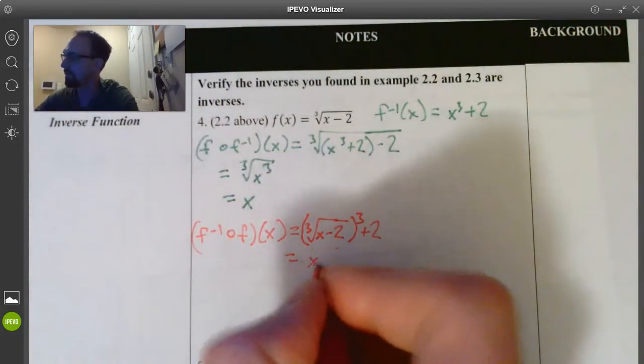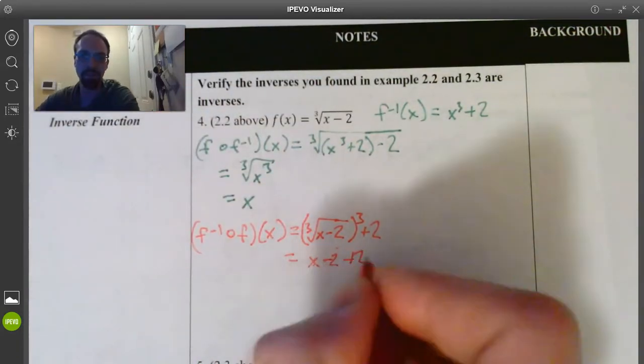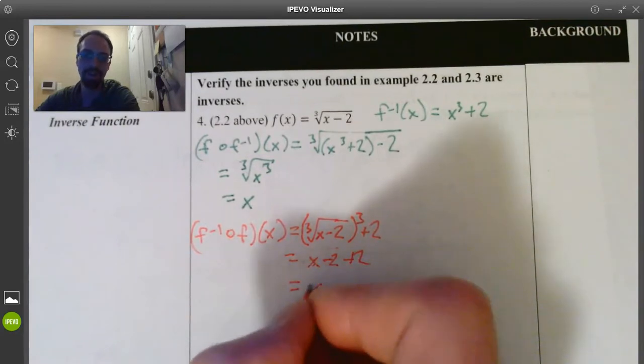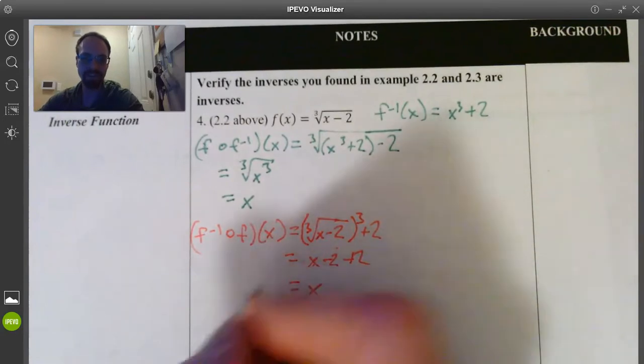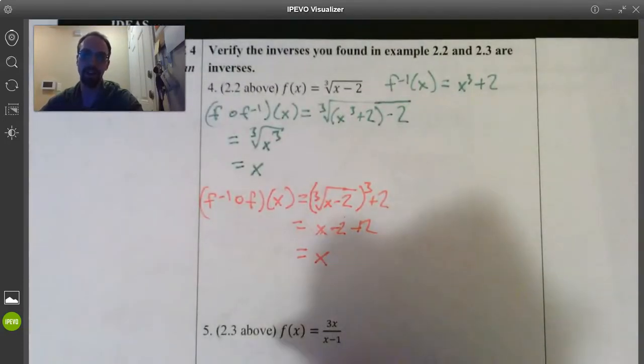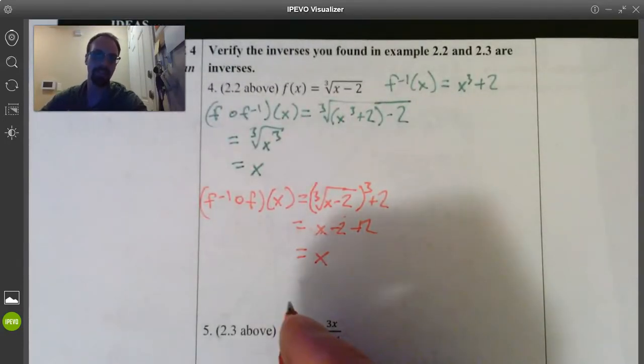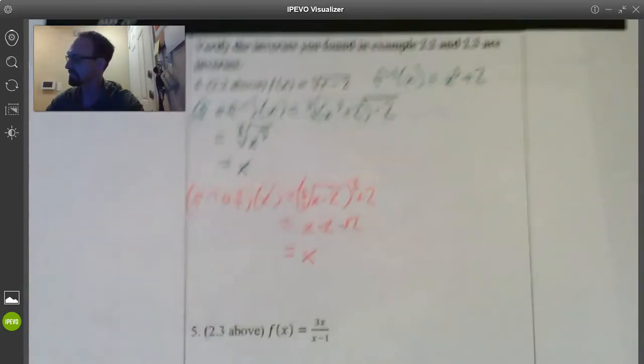No roots, the roots are gone. I have x minus 2 plus 2. The minus 2 and plus 2 cancel, so I'm left with just x. So this does verify that they are both inverses, that f inverse of x is in fact the inverse.